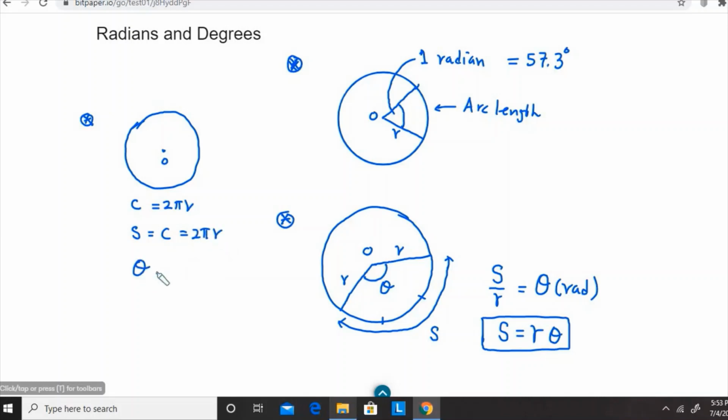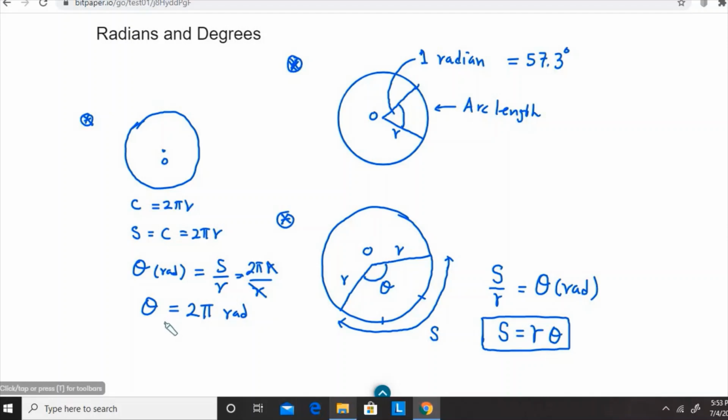So what is the angle in terms of radians for that particular situation? We can simply use this relationship. For S, I'm going to substitute 2 pi r and then divide by r, and the r cancels out. So theta in this case is 2 pi radians.